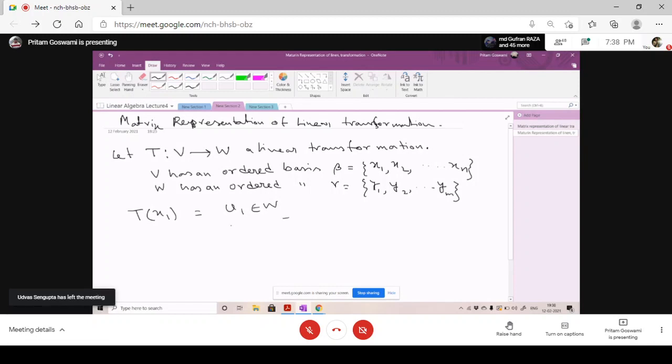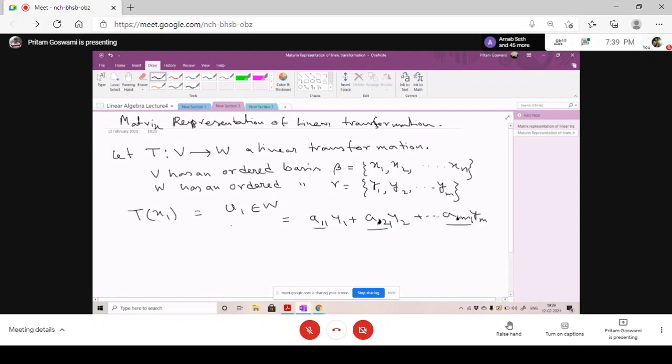And W has an ordered basis y1 up to ym. So you can write u1 as, say, a11 y1 plus a12 y2 plus a1m ym, right? Sorry, just one second. We will be denoting these scalars this way. You can write the scalar as anything, but for the actual matrix representation, I am denoting the scalars as a11, a21 up to am1 ym.